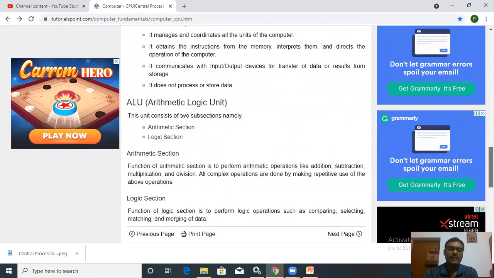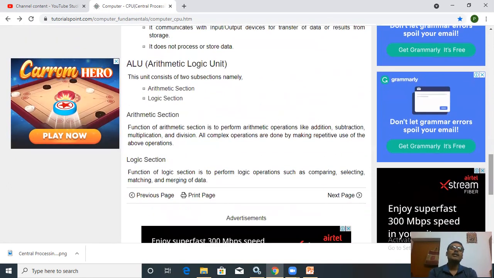Now coming to the ALU, or arithmetic and logic unit. This unit is the main unit of the CPU which does all the processing tasks. It is responsible for performing all the processing tasks of the CPU.